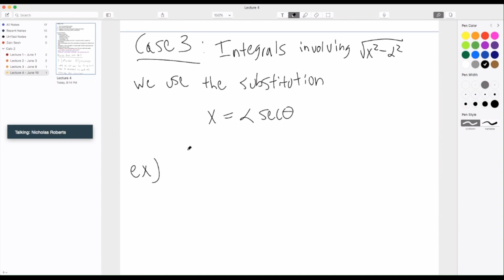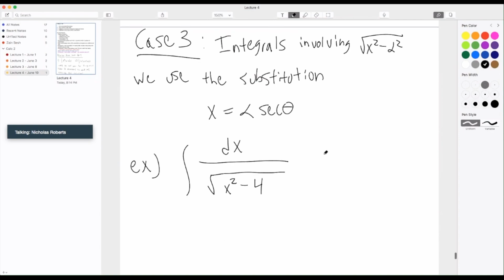All right. Integral dx over square root of x squared minus 4. Would anyone like to tell me what alpha is in this case? 2.